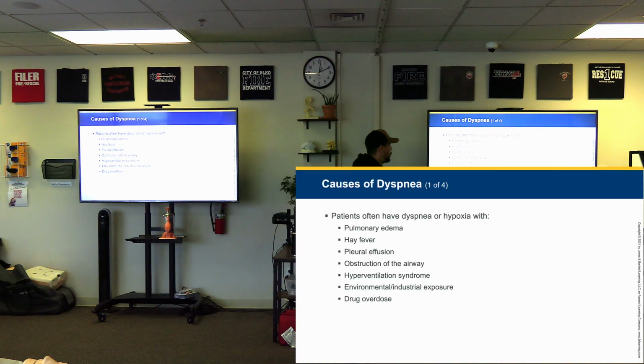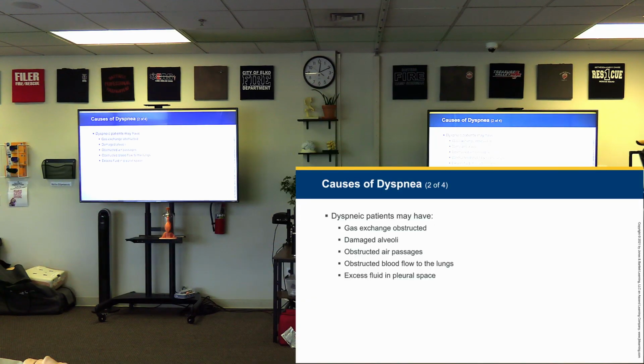The next one we'll talk about is hay fever. I'm not going to explain because once again we'll talk about these all. Pleural effusion, we have rubbing in the chest, obstruction of the airway, hyperventilation, right? So when people have anxiety or panic attacks, environmental or industrial exposures, drug overdoses. All of those are potential. Now, end of the day, dyspneic, that's how you say it.